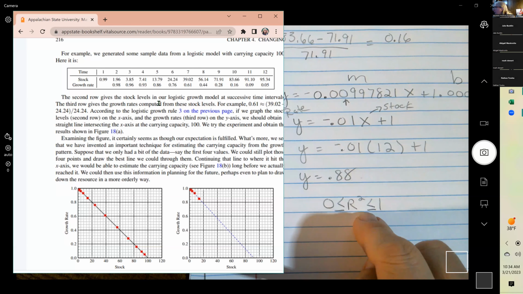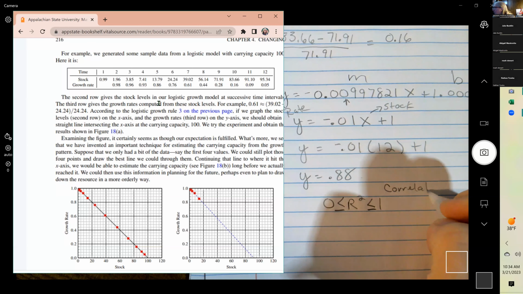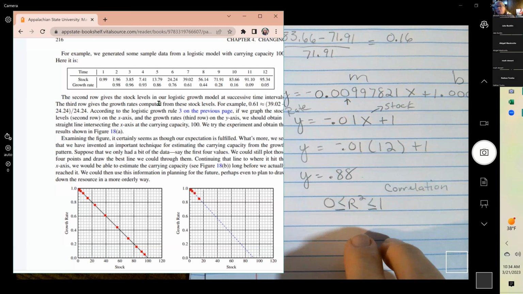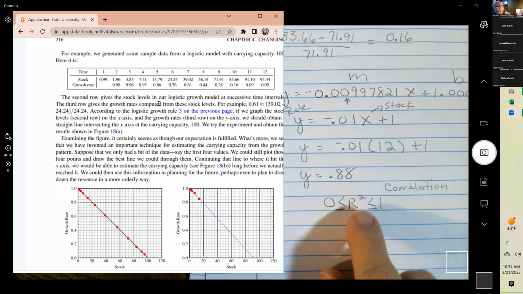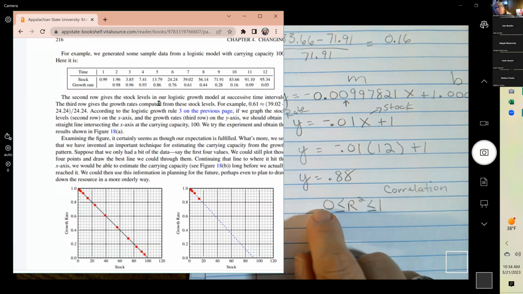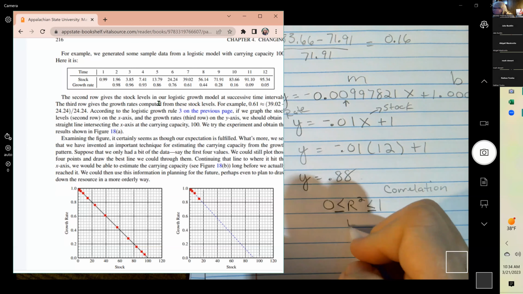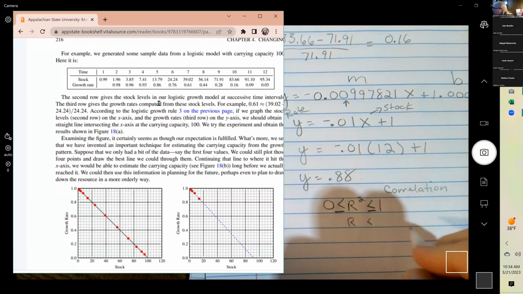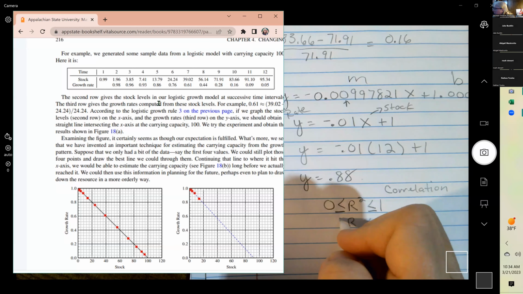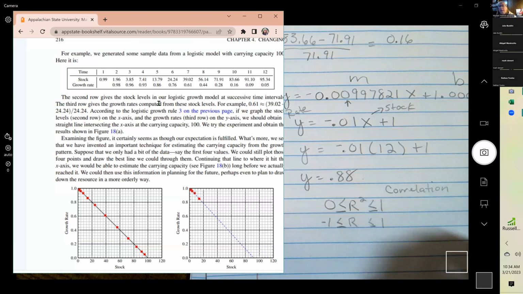R squared is a correlation. And it tells you how strong the data is. So if you're looking at R squared, the closer to 0, the weaker, the closer to 1, the stronger. Now, if you're looking at R, it goes from 1 to -1. That way, it tells you if it's increasing or decreasing.